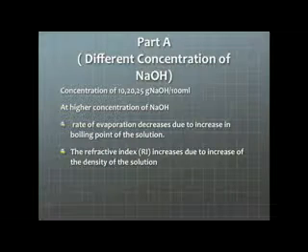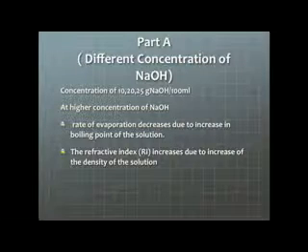As the boiling point increases, it will take longer for the solution to reach its boiling point, thus it decreases the rate of evaporation. Next, the refractive index, the RI, increases due to the increase of the density of the solution. As we increase the concentration of sodium hydroxide, when we measure the RI, it will increase due to the increase of the density of the overall solution.